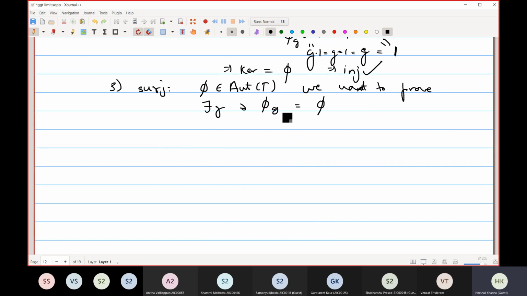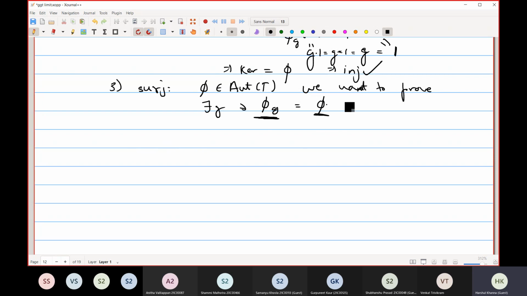Now, how do you get that G first of all? Note these two both are functions. These are the symmetries of a graph, right? This acts by left multiplication, and this is just a random automorphism of the graph. Since both are functions, let's observe what phi does to the identity element. It has to be some group element, right?